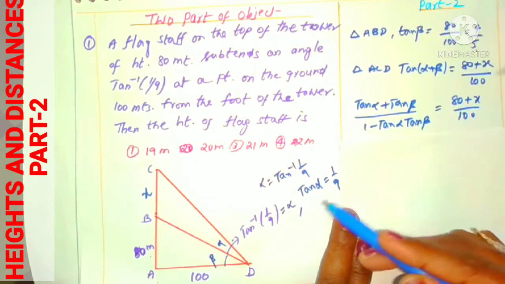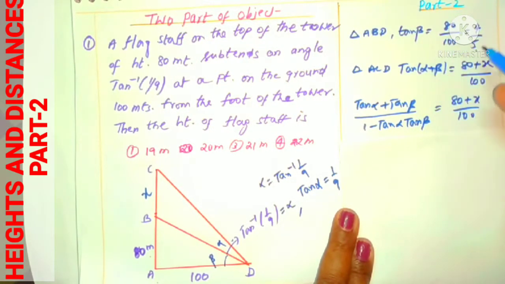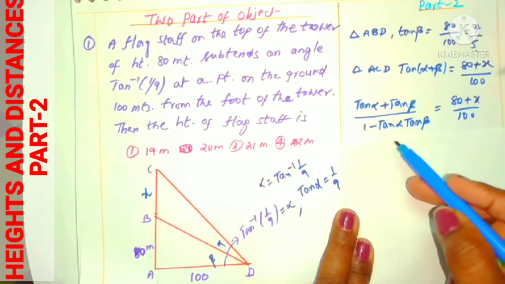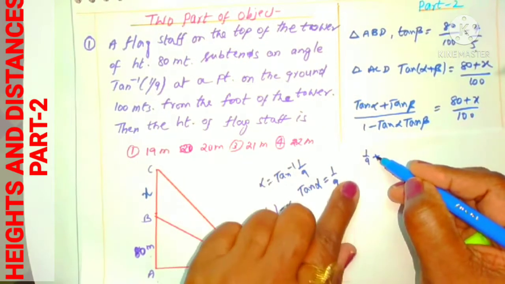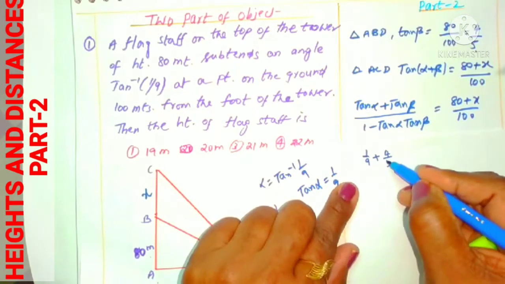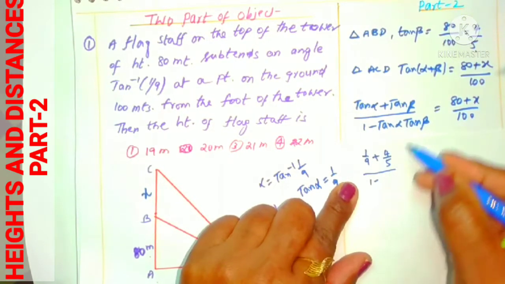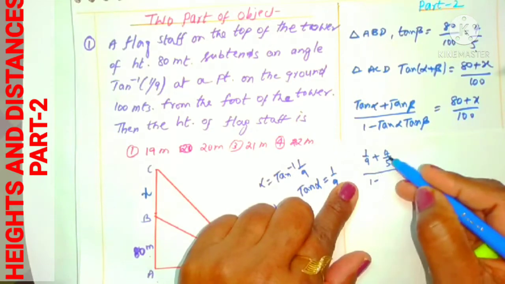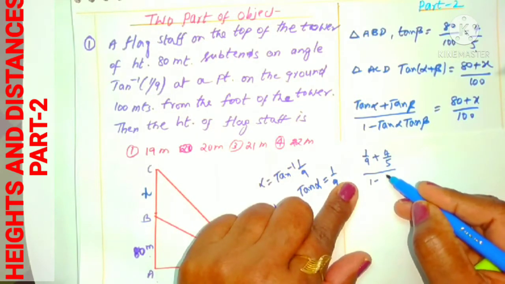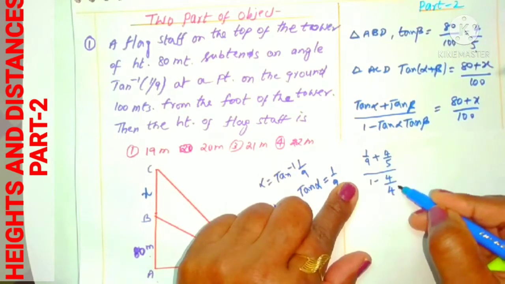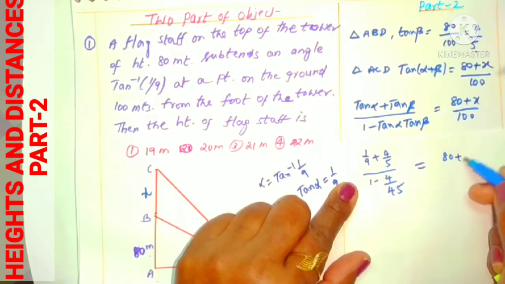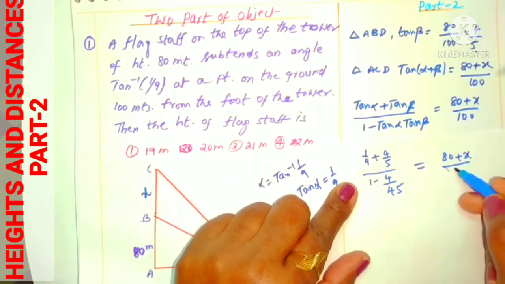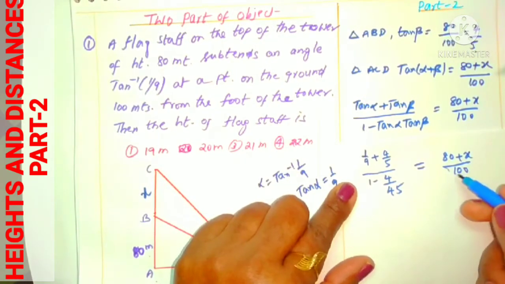Now tan alpha is 1 by 9 and tan beta is 4 by 5. Substitute those values here. This is 1 by 9 plus 4 by 5, by 1 minus tan alpha into tan beta. 1 by 9 into 4 by 5 is 4 by 45. This equals 80 plus x by 100, the RHS.